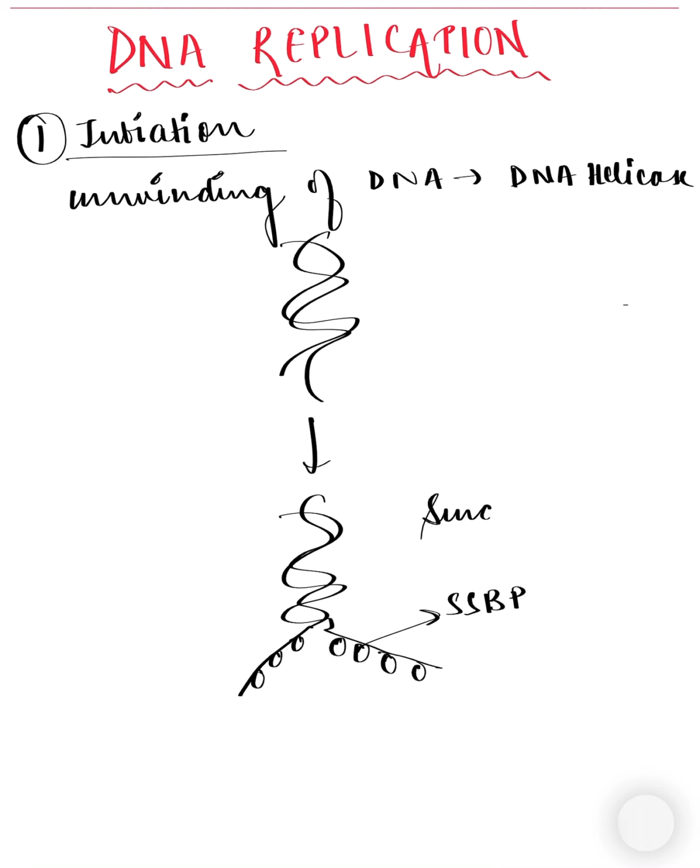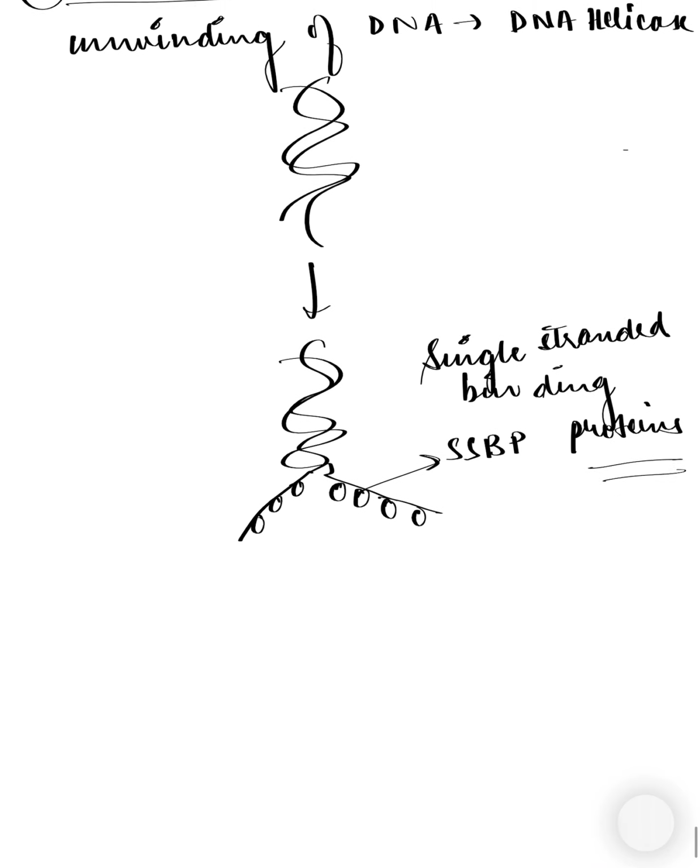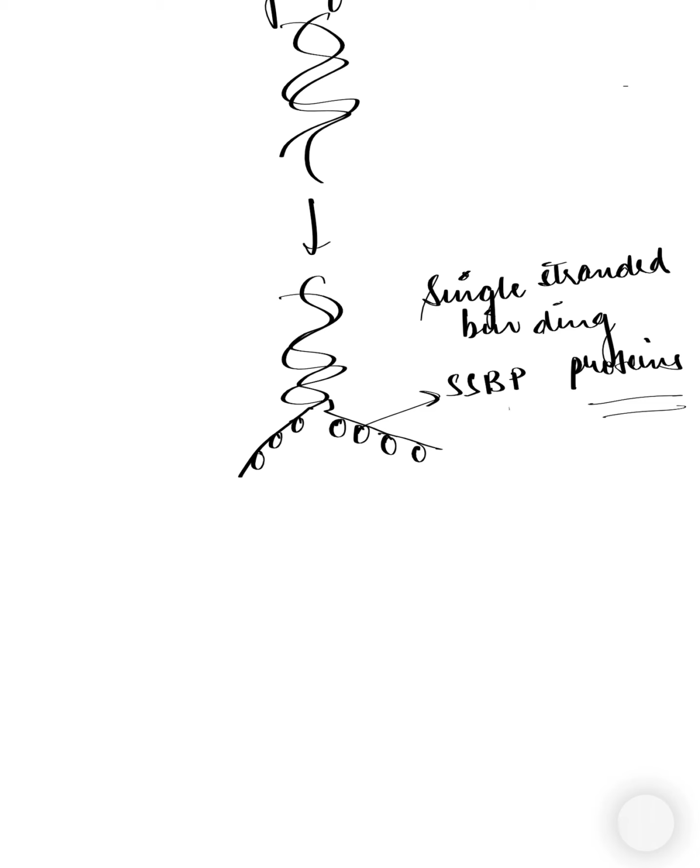These proteins stabilize the DNA strands so that they won't wind again and make the helical structure. So these help in the making of the replication fork, which is Y-shaped, as you can see in the figure.